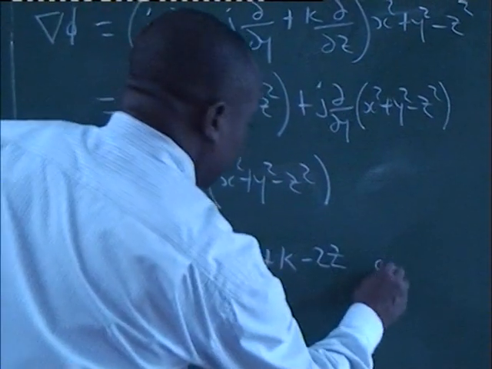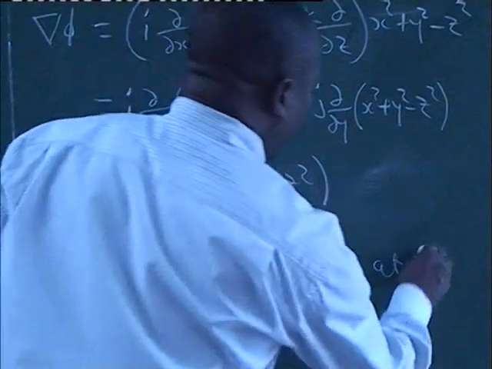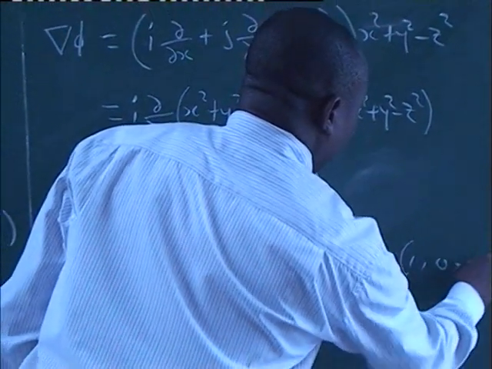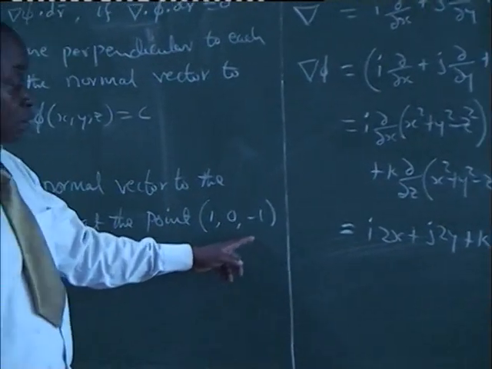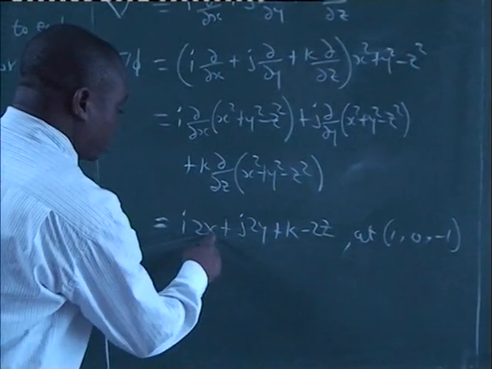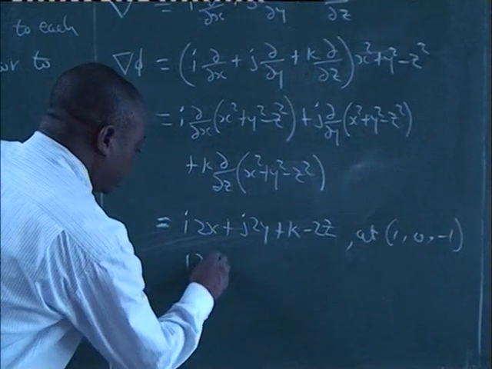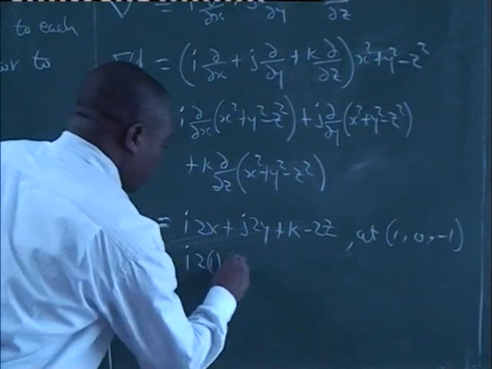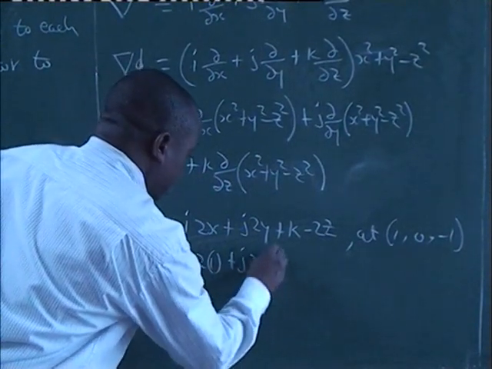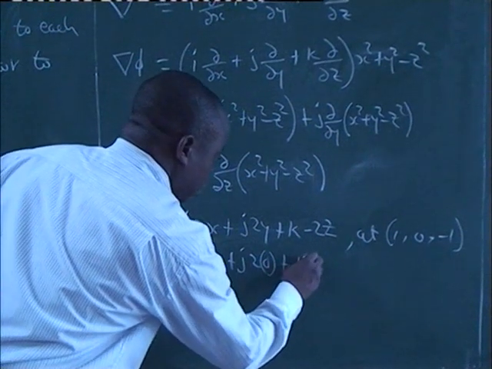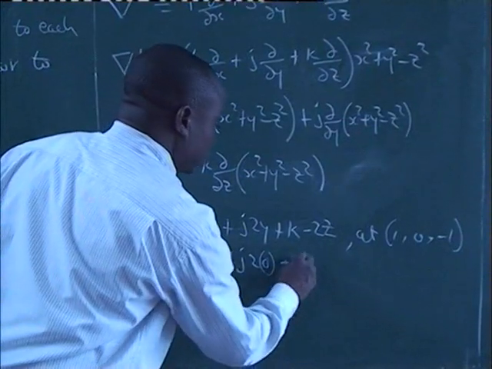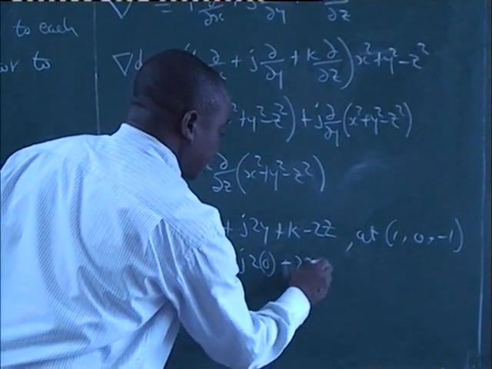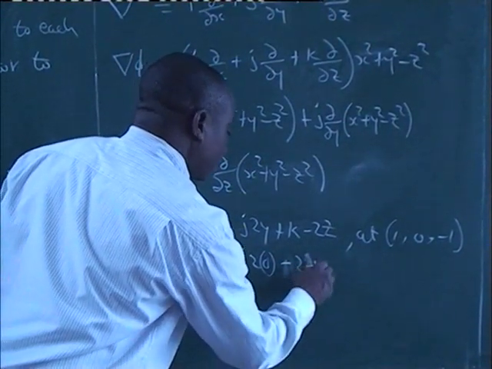Then at the point 1, 0, minus 1, that is what they are giving, we have i times 2 times 1, plus j times 2 times 0, plus k times minus 2z, where z is minus 1.